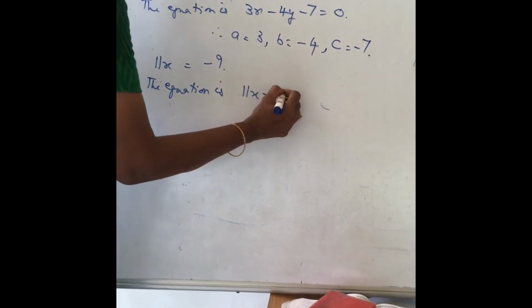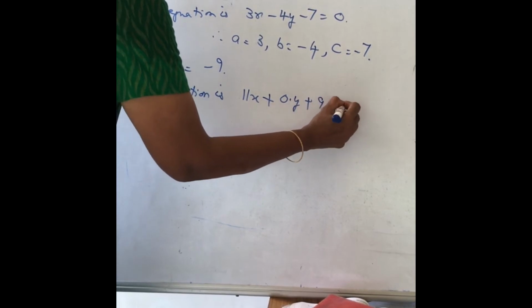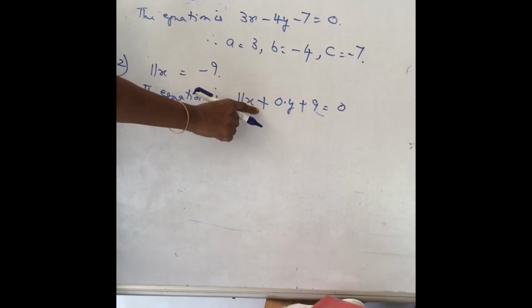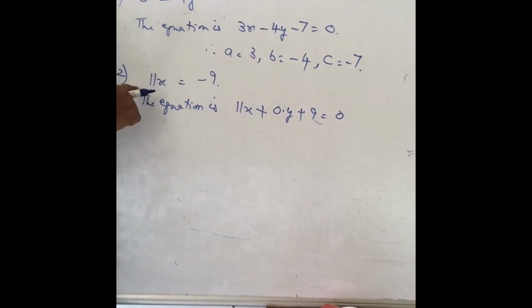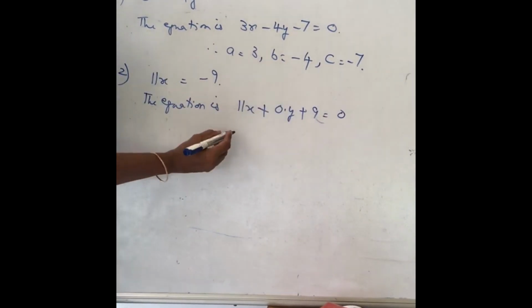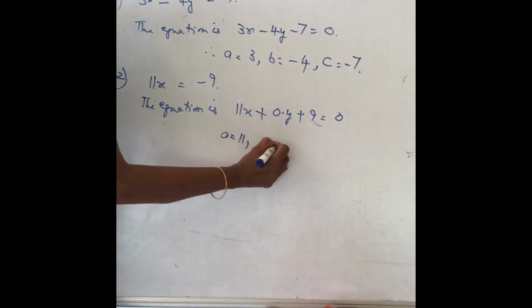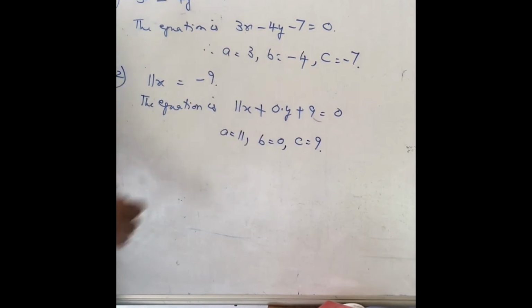So you can write it as 11x plus 0y minus 9. When it comes to the left side, it becomes plus 9 is equal to 0. a is equal to 11, b is equal to 0, c is equal to 9.